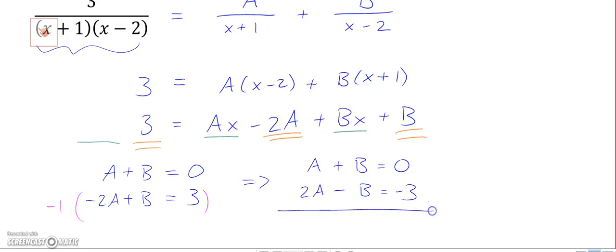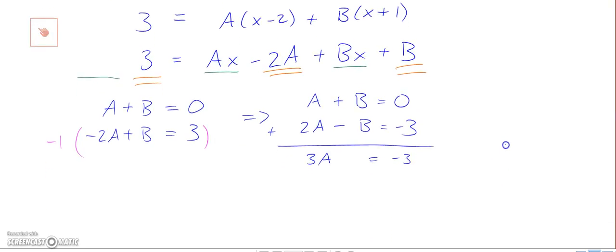And so if I just add these two together, I get 3a, the b's are gone, equals negative 3. And so while solving that, we can see that a equals negative 1. So now I've got my a, and since a and b have to add up to 0, then negative 1 plus b equals 0, that's going to give me b equals 1.